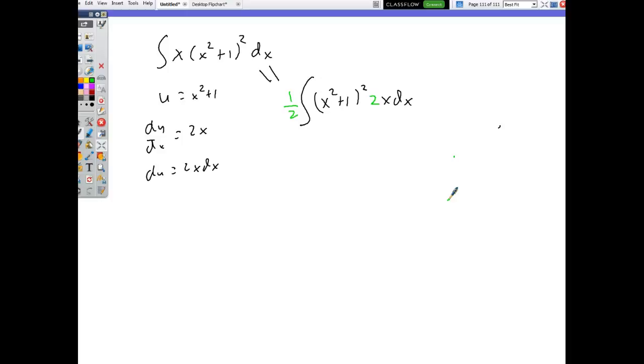Now am I ready to go, Chris? Yes. So I'm going to go down to the next step. I got 1/2 times the integral of u squared du. Agreed? Raise the power by 1. Divide by the power I get. Take a 1/2 out in front, plus c.